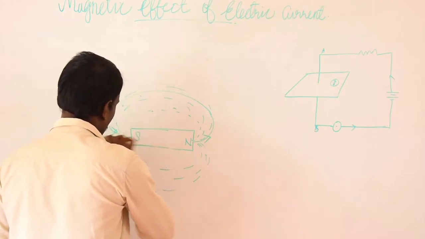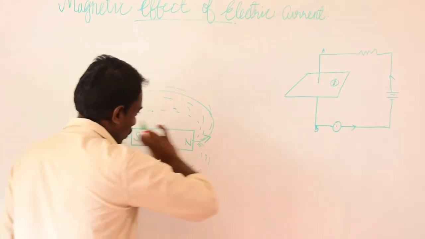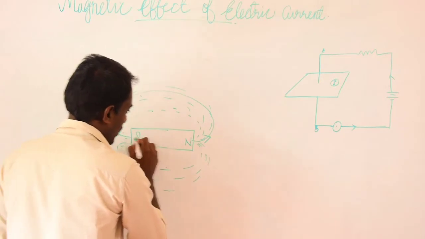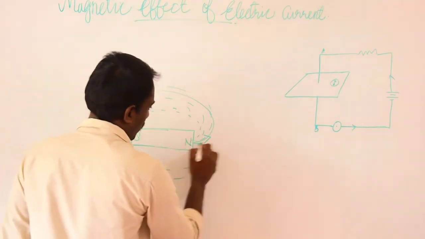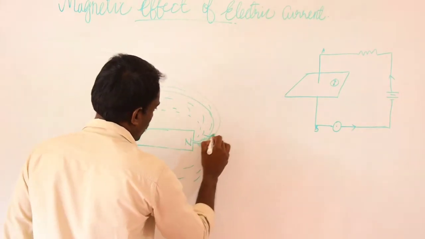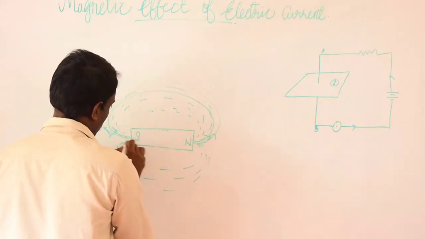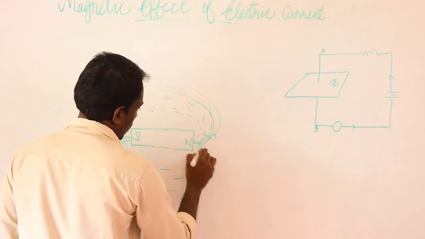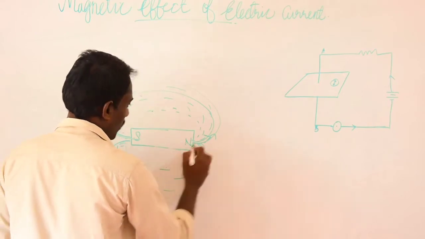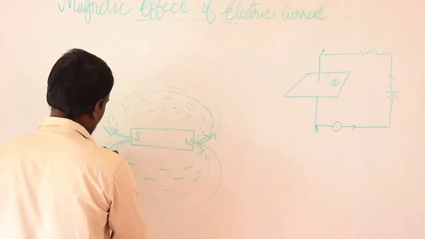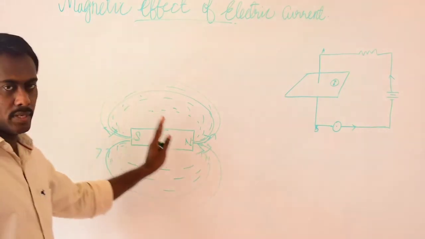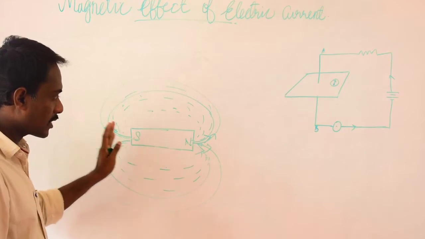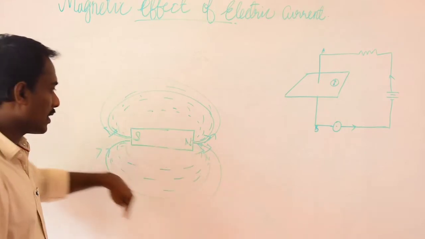At the south pole, the magnetic field lines go inside, and this is the direction of the magnetic field lines. Again going out and coming in, this is normally the direction of the magnetic field lines produced by a bar magnet.